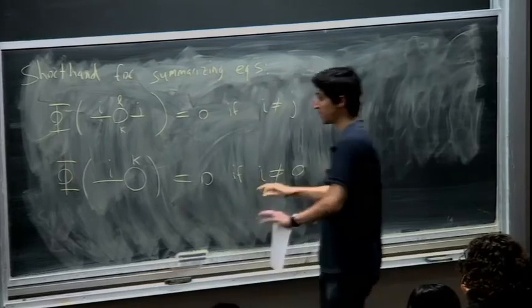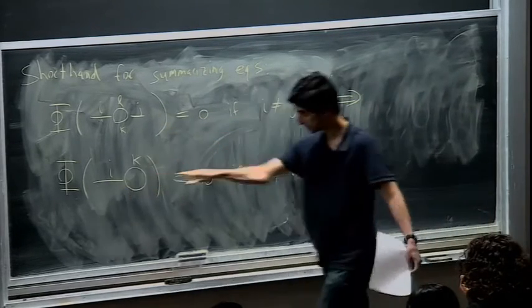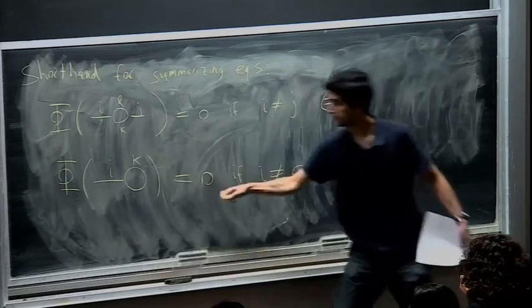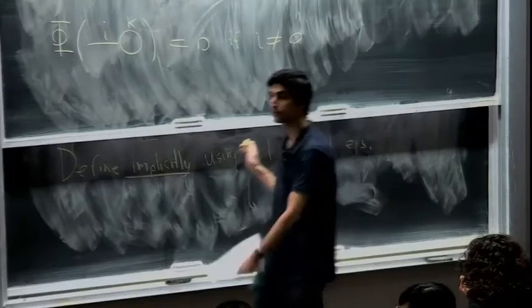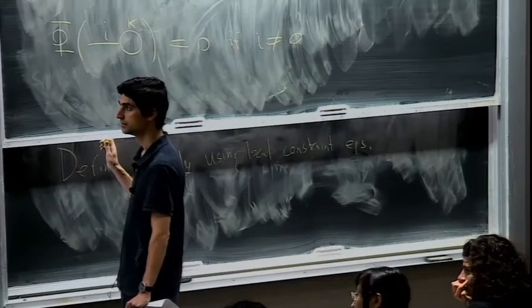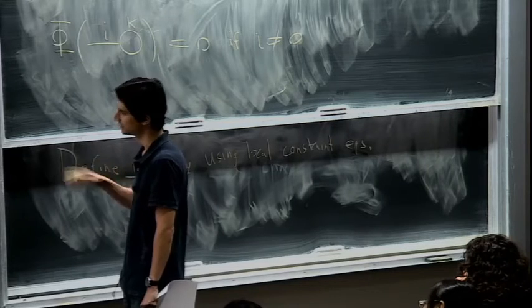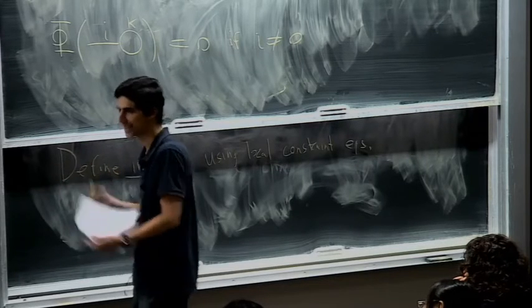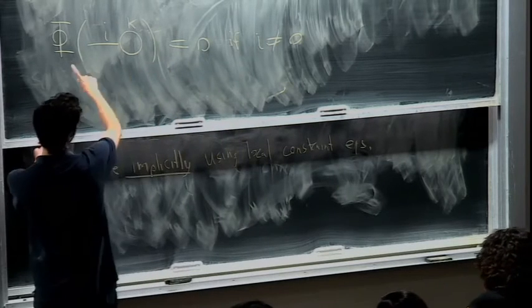This is a special case of this equation, the case where J equals 0. If you see a picture like this, you get 0. But by the new notation, you're also specifying the branching rule, which allows 0, L. Exactly, and 0, 0, 0, as a special case. So this is one special case of this.